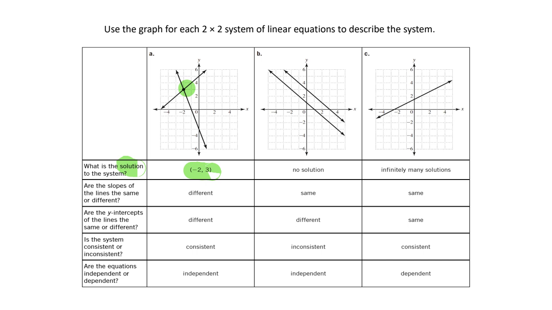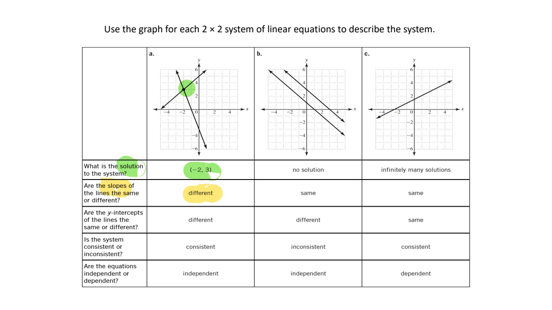Now, look at the next row. Okay, this is going to talk about slopes. In A, we have different slopes. In B, notice we have the same slope. In C, we have the same slope.